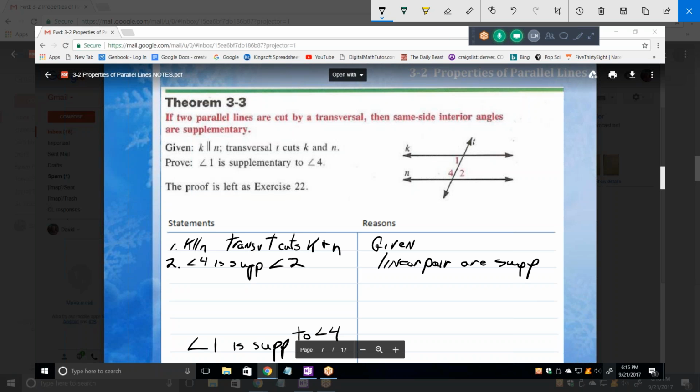You know what I mean by a linear pair? If I have something like this, these 2 angles, 1 and 2 over here on the left, are a linear pair. In other words, they both have a straight line below them.